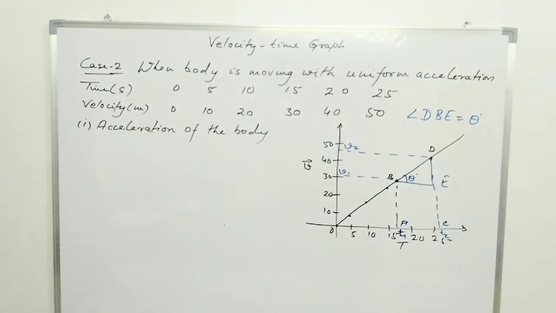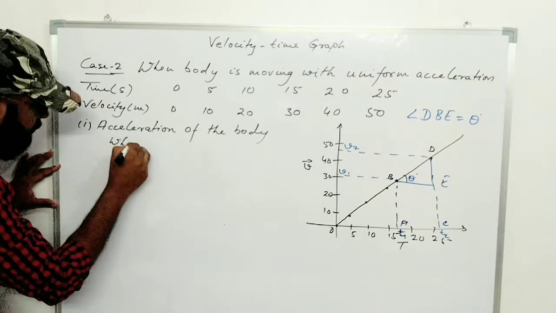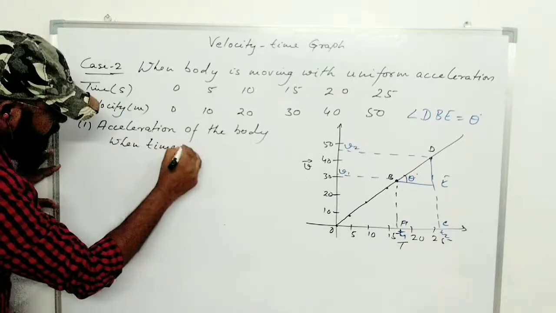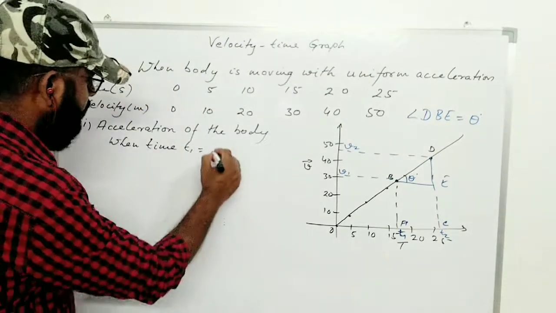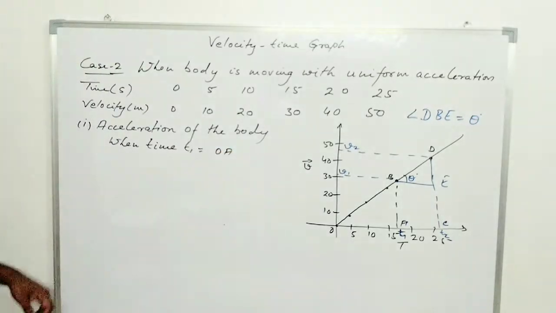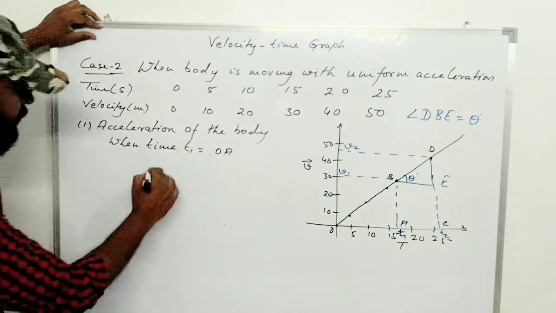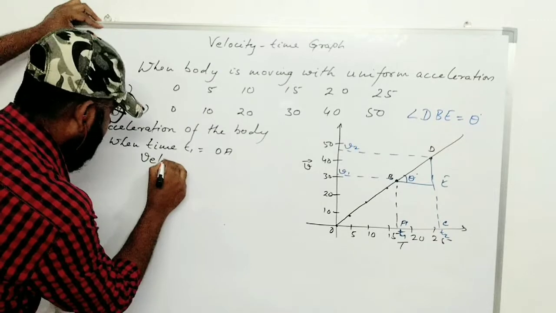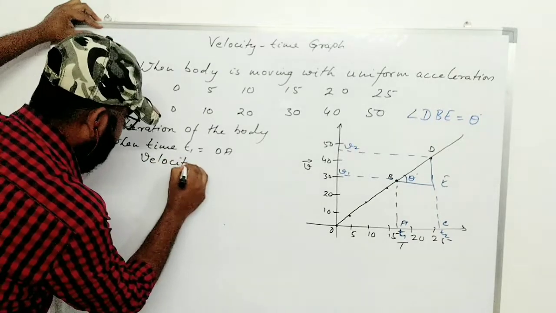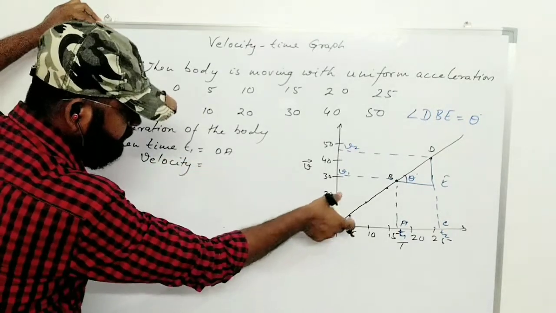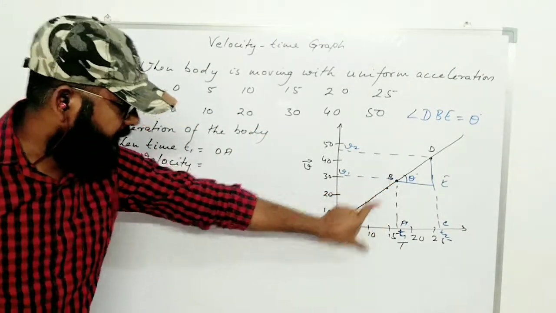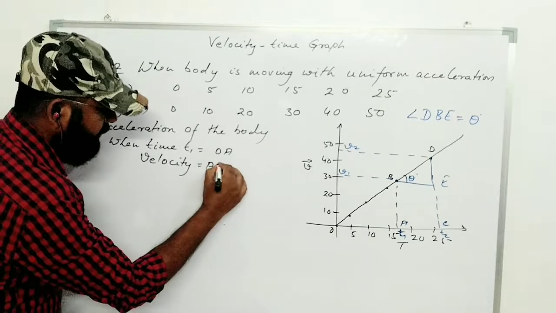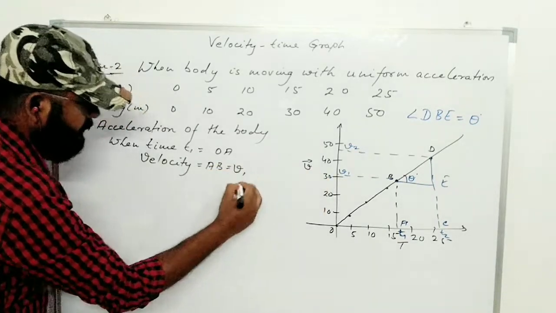Now when time T1, T1 means OA, velocity, that is the instant velocity, is equal to what? AB. Okay, AB, and that is equal to V1.